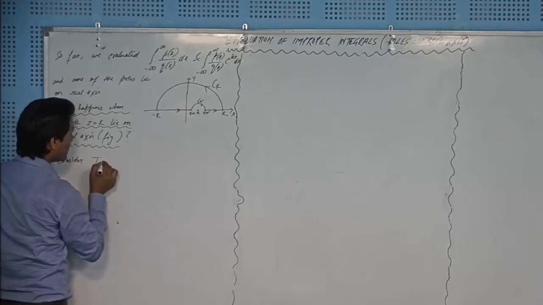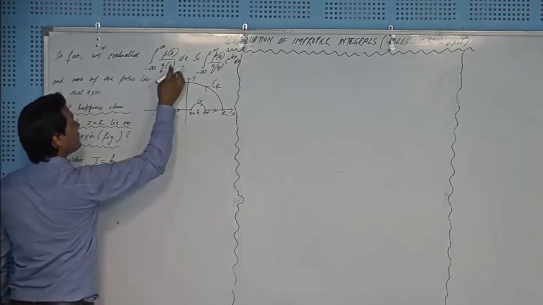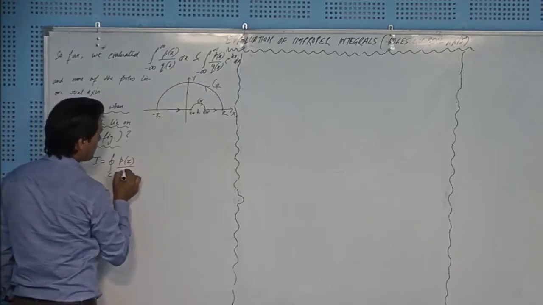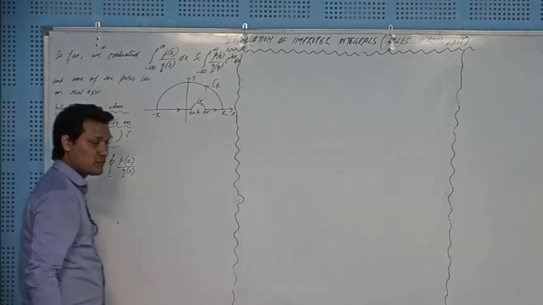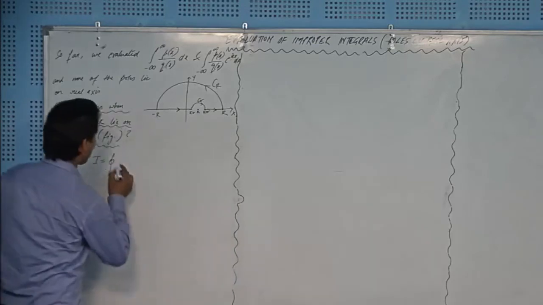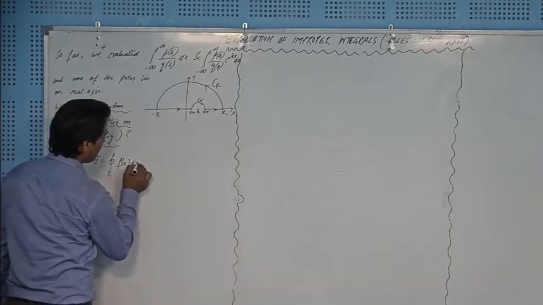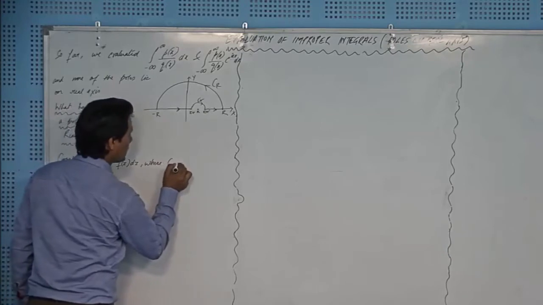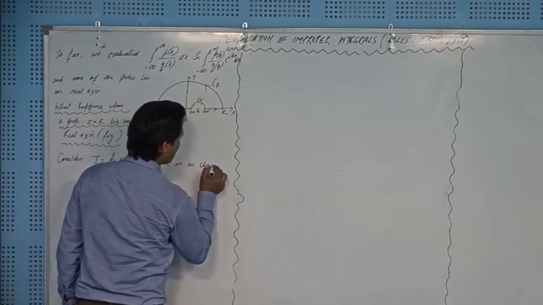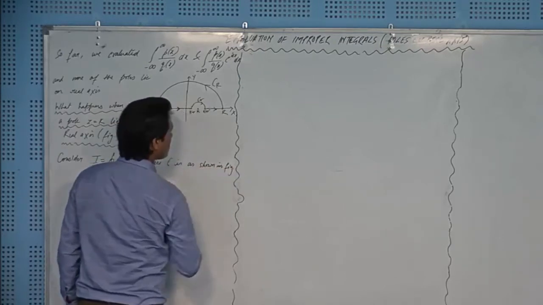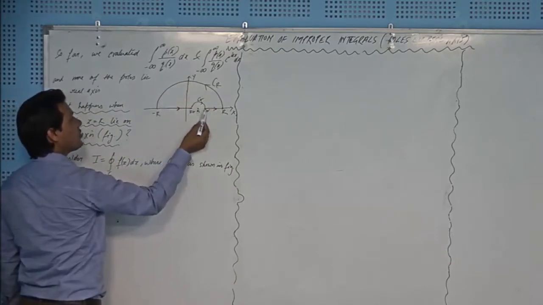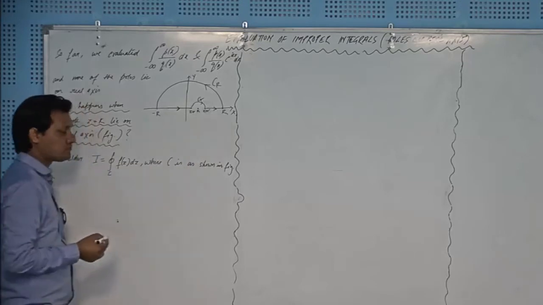Consider I equal to the integral of f z d z, where f z is p z over q z, and c is as shown in the figure. C is the big semicircle C R, then minus R to k minus r, then this small semicircle, then k plus r to R.